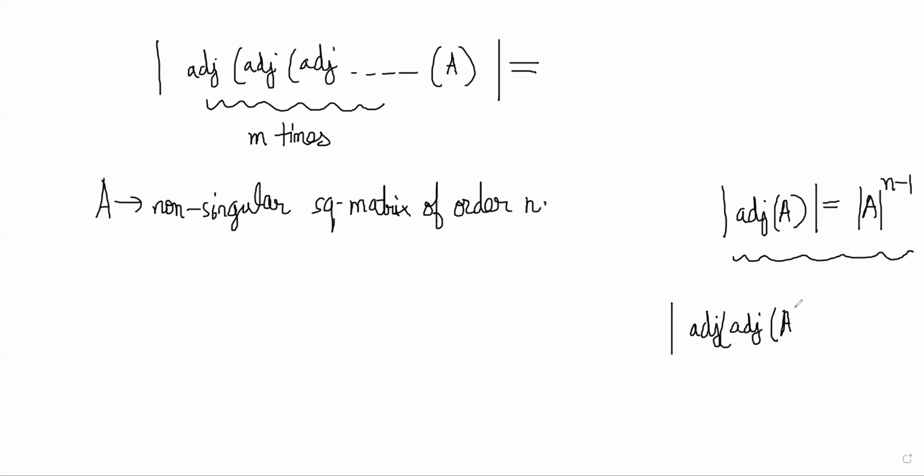So you can take another matrix B as adjoint of A, and repeat m times.